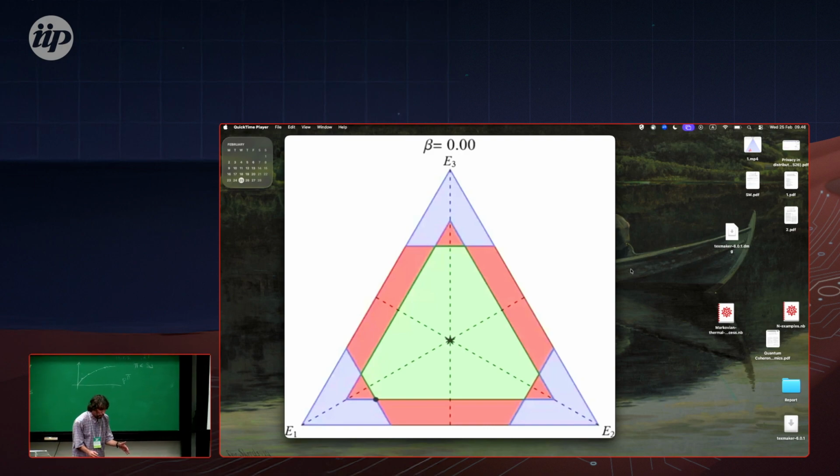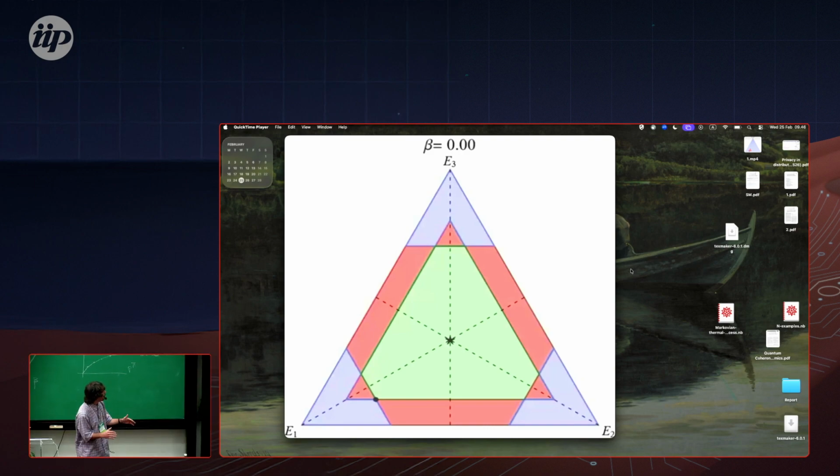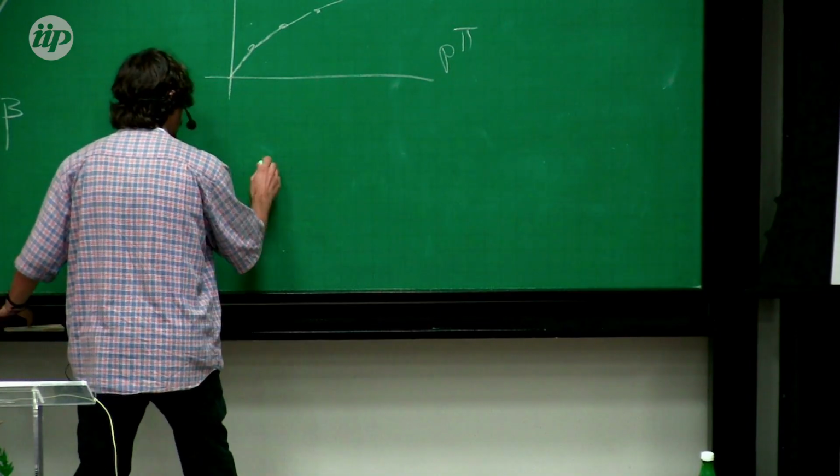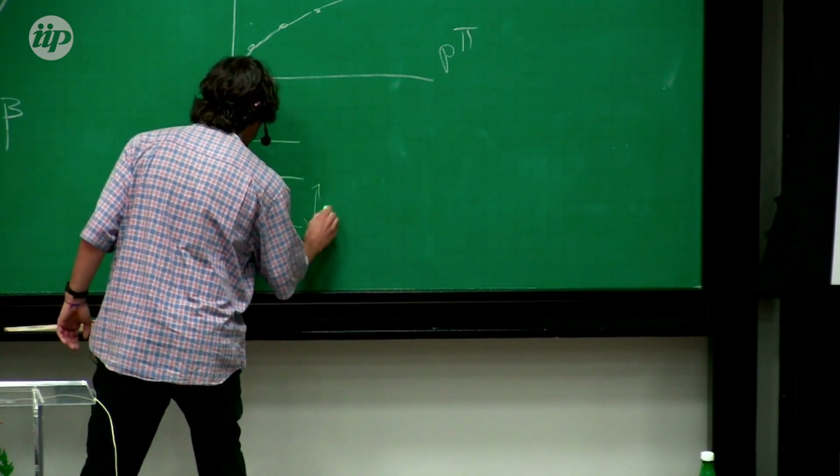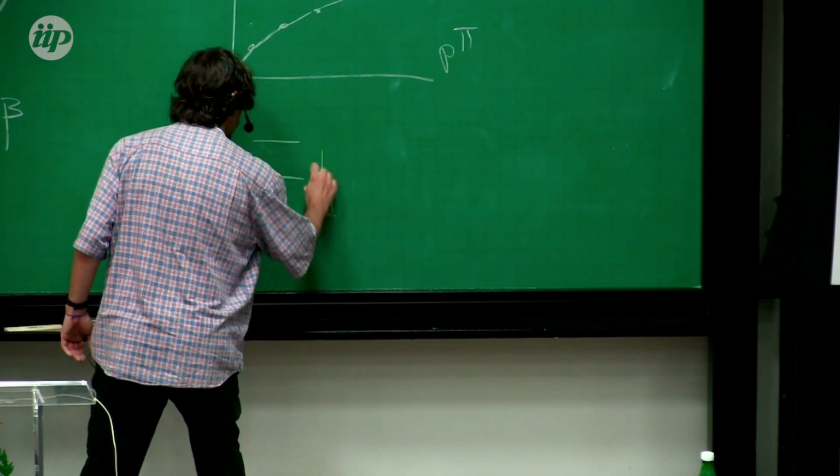What I'm going to do now is go from infinite temperature to finite temperature. And without doing calculations, what do we expect to happen? Well, first of all, my thermal state is given by this, right? Let's assume that we have a 3-level system whose energy gaps are 1 and 2 here.